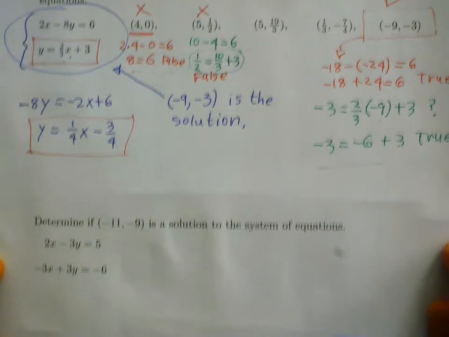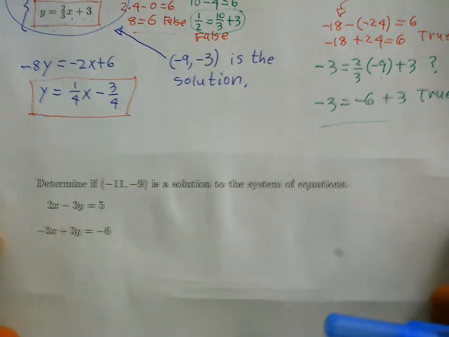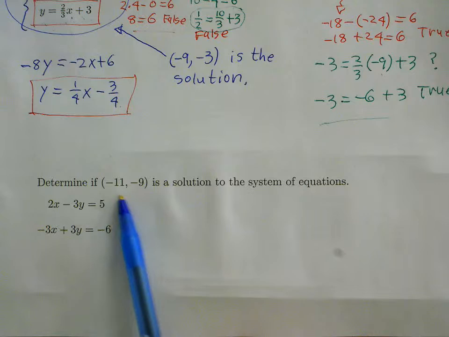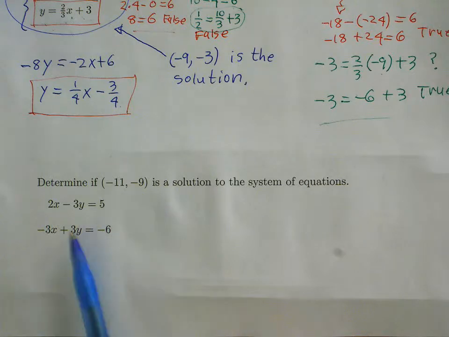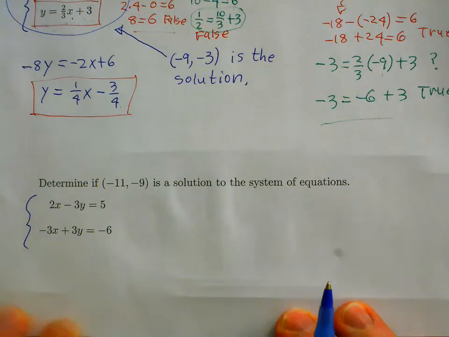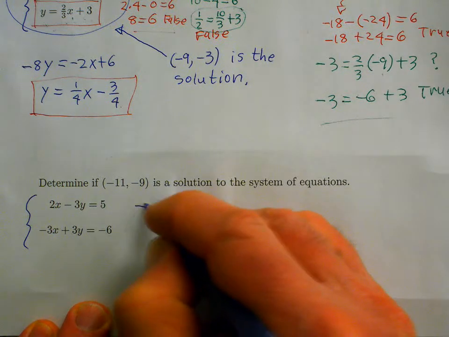Okay, the next exercise is a little shorter. We just want to see if this ordered pair, negative 11, negative 9, is a solution to this system. Okay, so we'll start with the top equation.